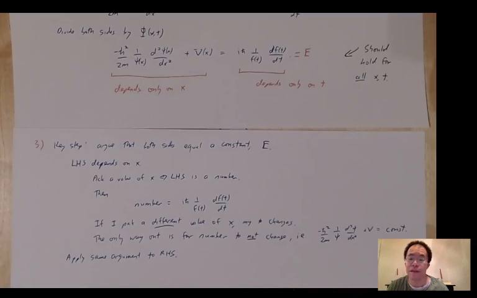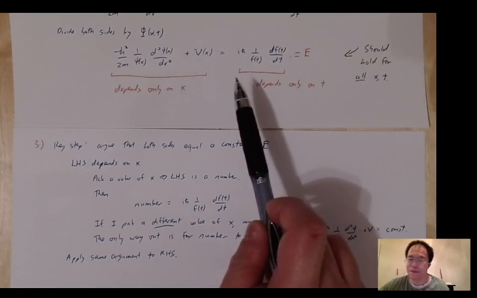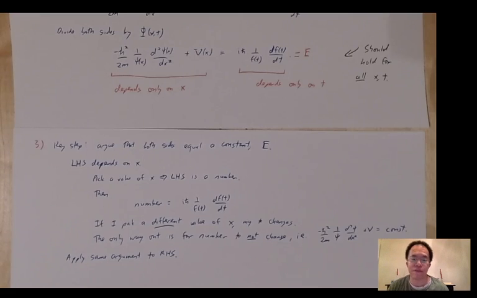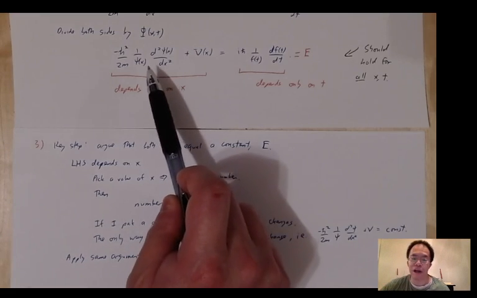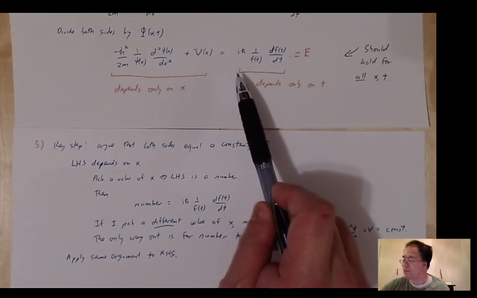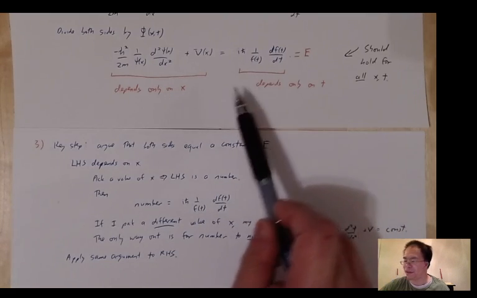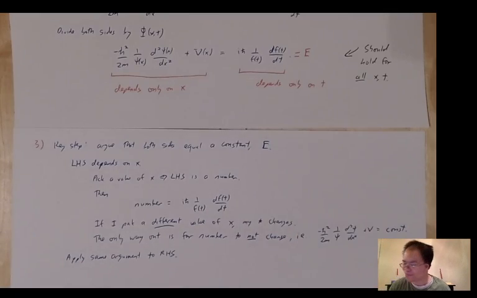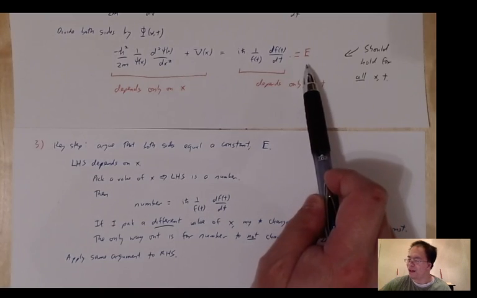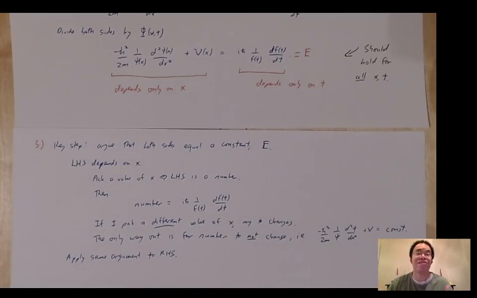If I now choose a different value of time, I get a different number, a different differential equation. Whatever psi worked over here won't work with a new number. So once again, the only way out is for this entire thing to be equal to a constant. And because these two things equal each other, they have to be equal to the same constant.